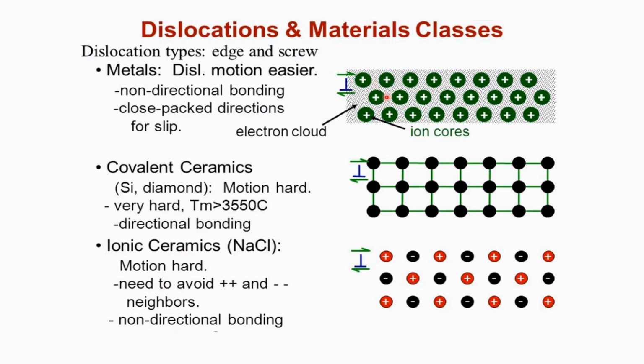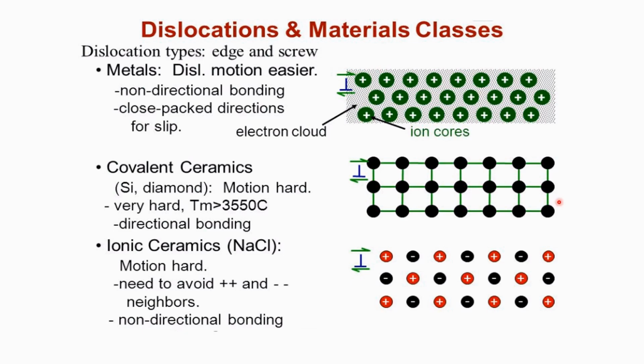Dislocation motion is easier in metals because we have a non-directional bonding and also a close-packed direction for slip. For example, here we can see that the ion core is surrounded by free electrons, and due to non-directional bonding, the metal can slip in any direction.